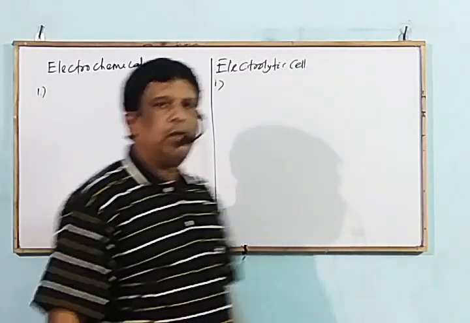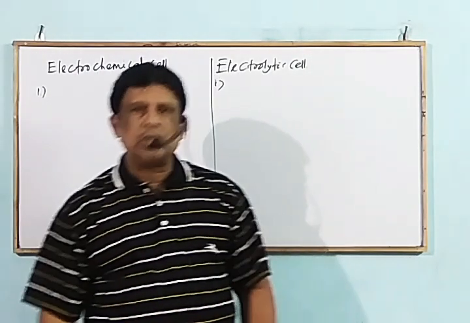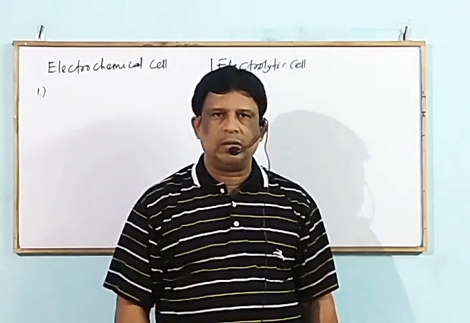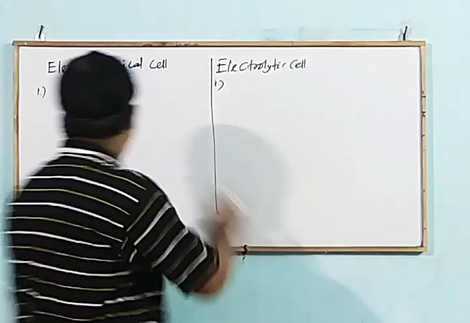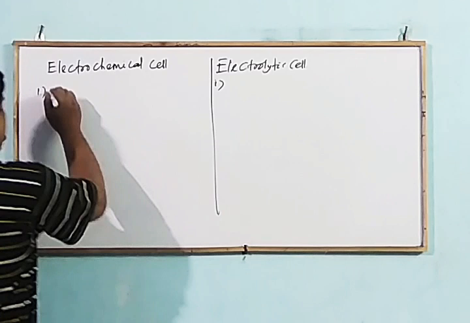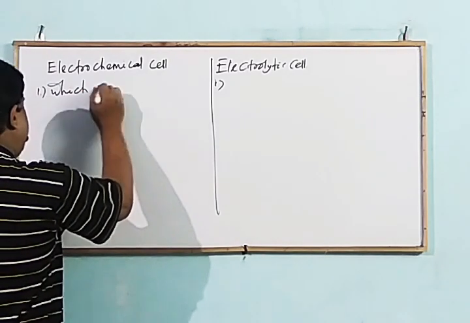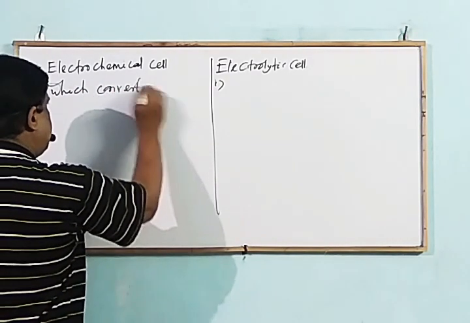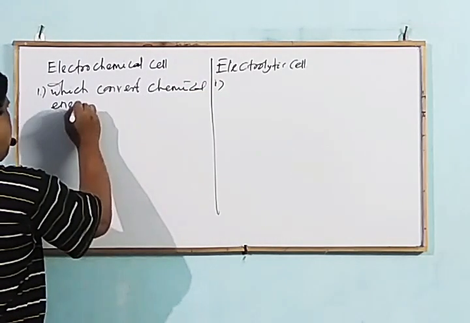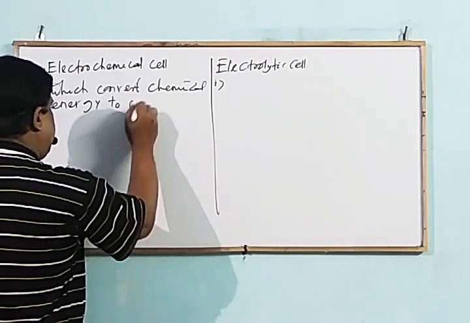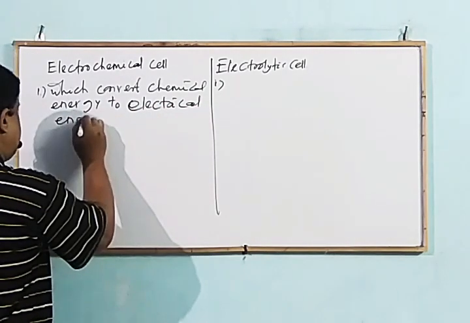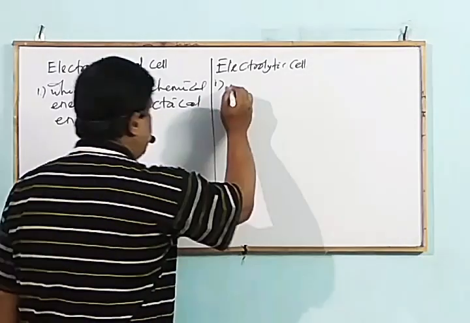Always while discussing distinction, difference, we go through the definition. What is the definition of electrochemical cell? It is a device which converts chemical energy to electrical energy. On the other hand, what is electrolytic cell?